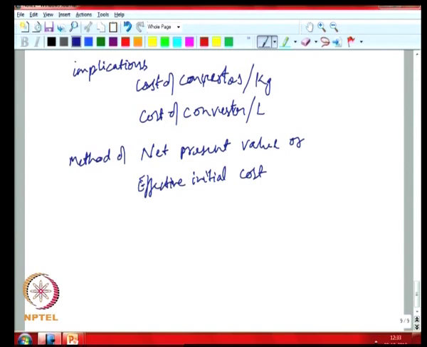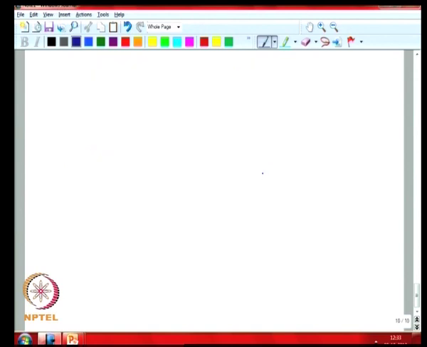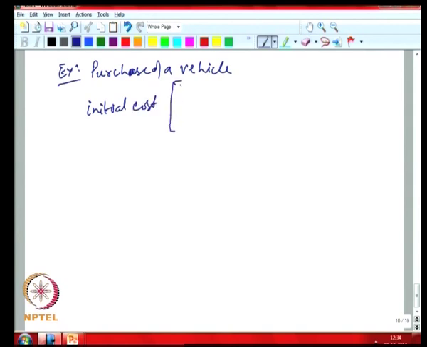If you look at purchasing a vehicle, you might have initial costs. The initial cost might be what is the cost of the vehicle in the showroom.